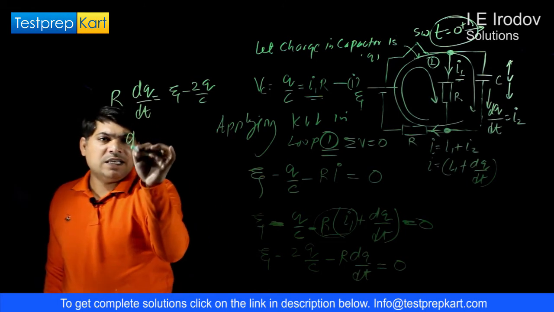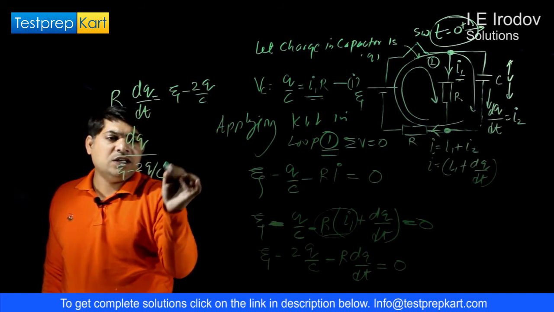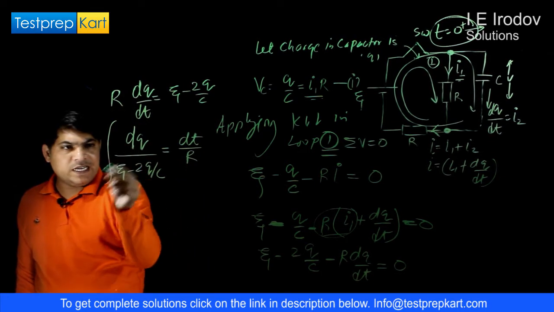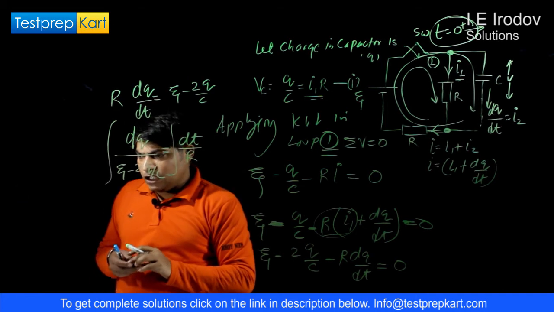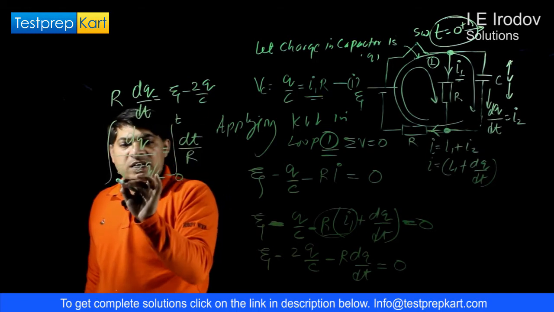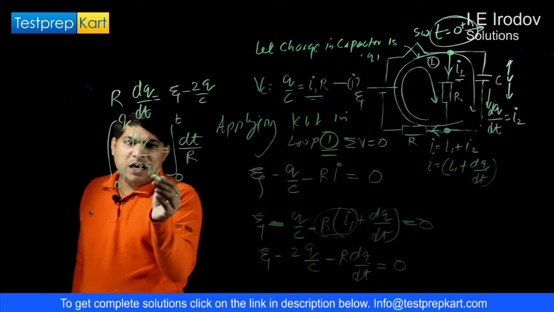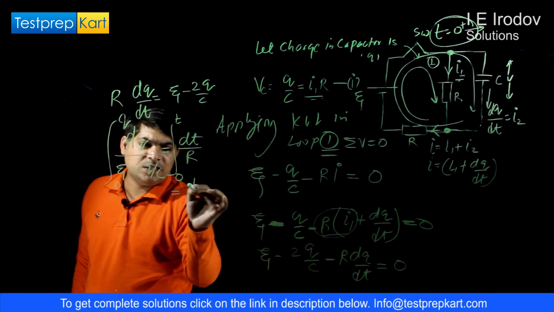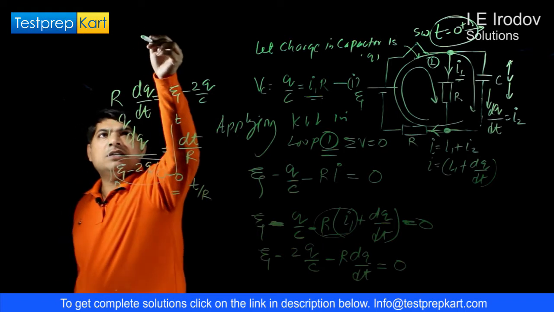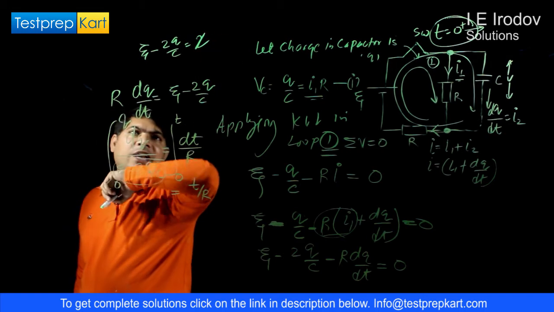Or we can say dq over (E minus 2q upon C) is equal to dt over R. So we can integrate this, assuming that at the very initial moment there was no charge in the capacitor. The integration of the right side is t over R. For the left side, take E minus 2q over C as a dummy variable x.